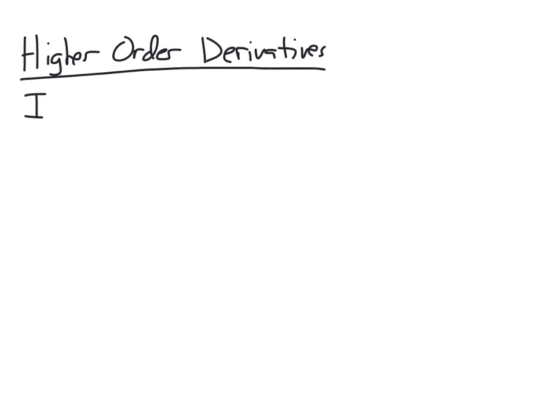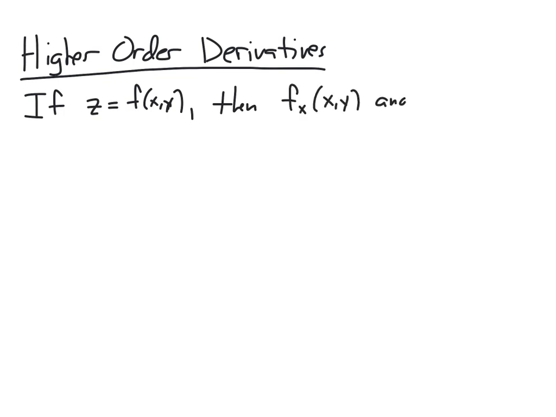So if I have a function, z equals f of x y, then we can compute the two partial derivatives, which I'll call, in this case, f sub x and f sub y. And these are both functions of two variables themselves. Right?